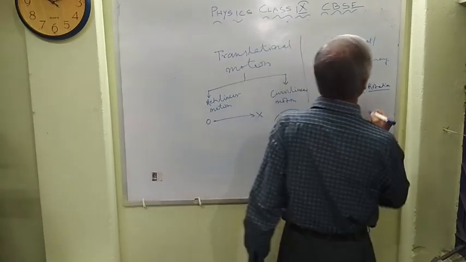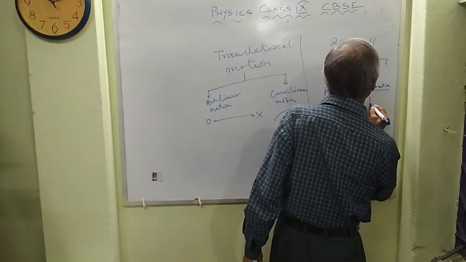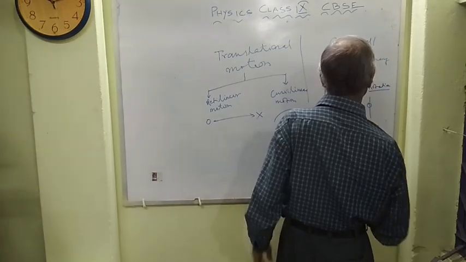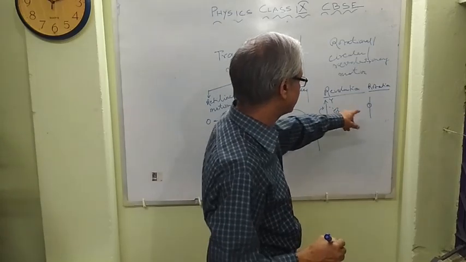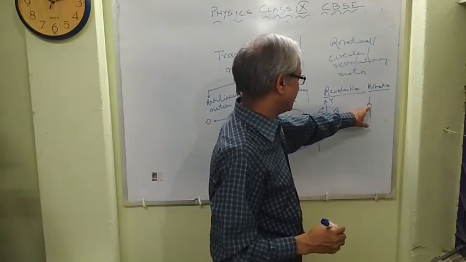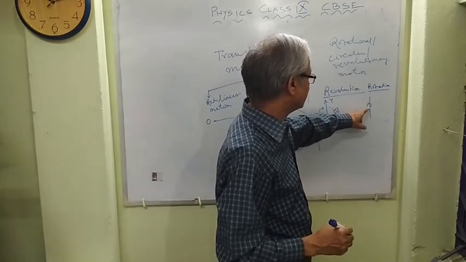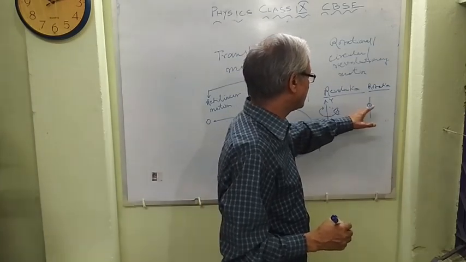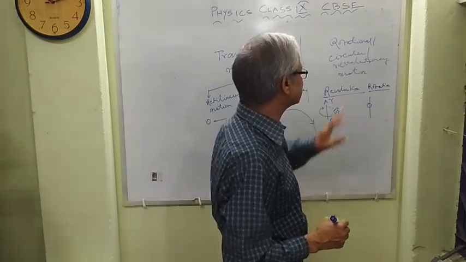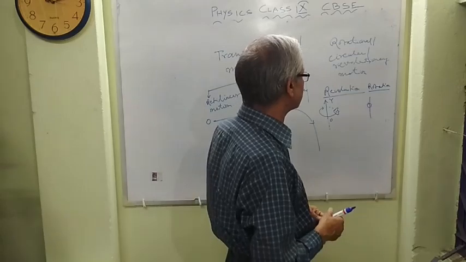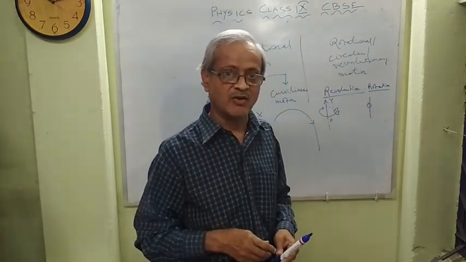Rotational motion means that a body itself moves along an axis in a circular path about a point on its axis, and the body actually does not change its position from one place to another. This type of motion is called rotational motion. For example, the motion of the blades of a running electric fan.